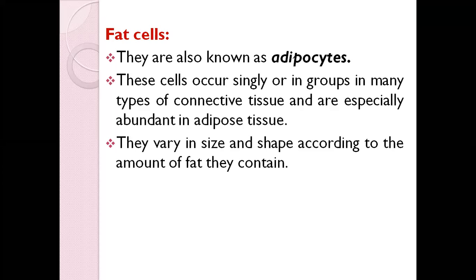They are mostly found in one form of connective tissue, which is called the adipose tissue. If they have more fat, they will be bigger in size, and if they have less fat, the size will be less. So this is about the fat cells.